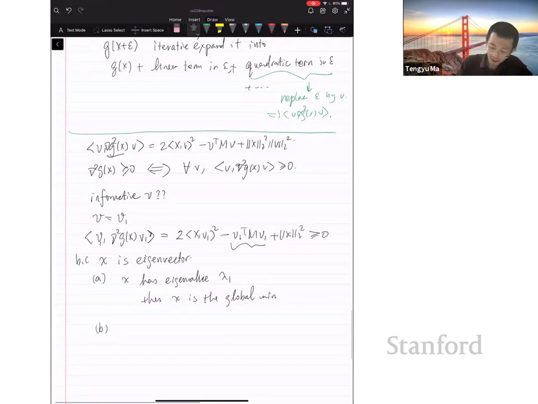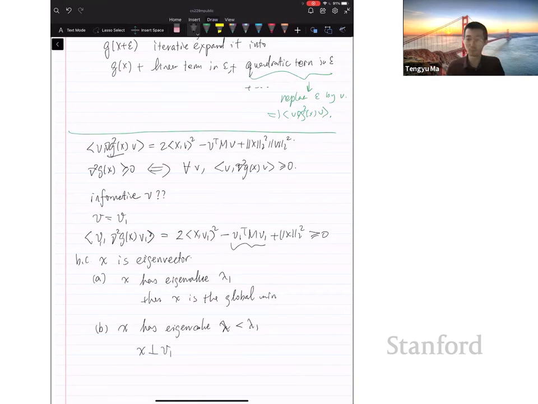The second case is that x has eigenvalue, let's say lambda, which is strictly less than lambda 1. It could be the second eigenvalue, the third eigenvalue, and so on. Because x is an eigenvector, and the eigenvalue of x is different from the eigenvalue of v1, you know that x is orthogonal to v1, because eigenvectors with different eigenvalues are orthogonal.